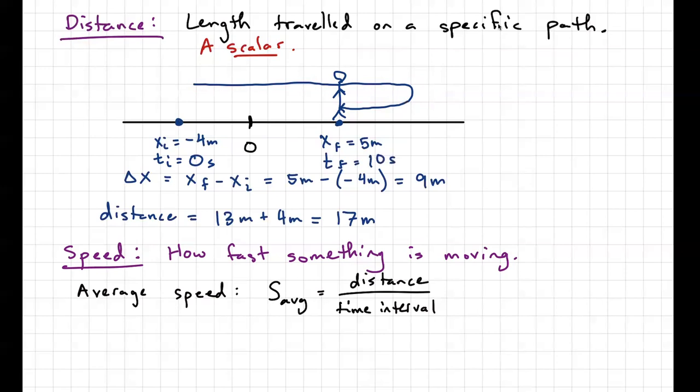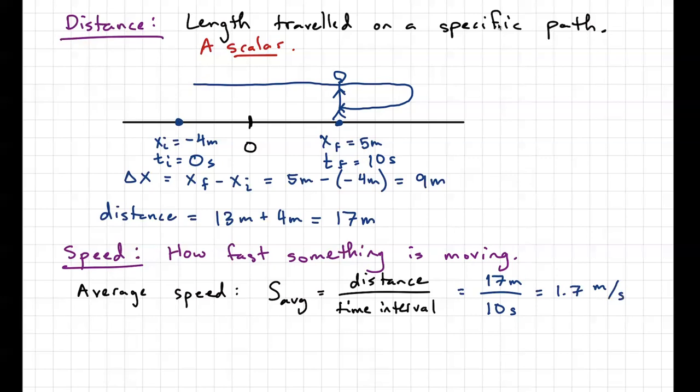Then my average speed for that motion would be 17 meters divided by 10 seconds. So I'd have 1.7 meters per second is the speed.